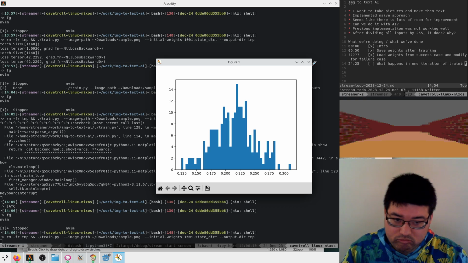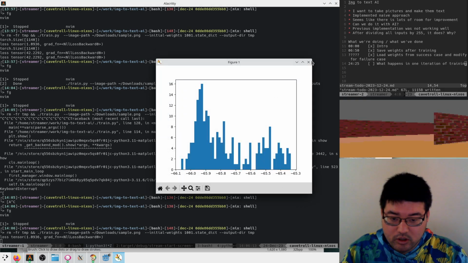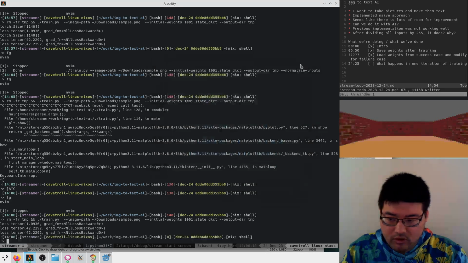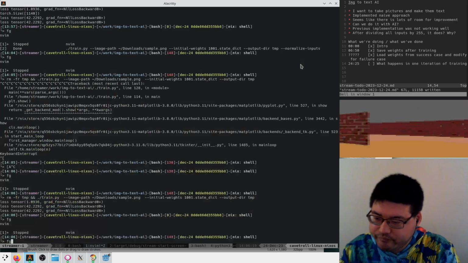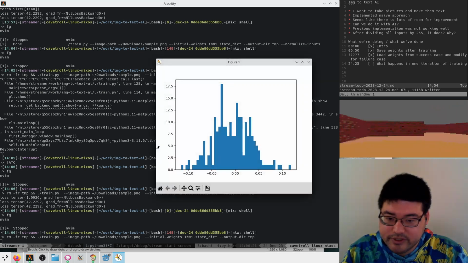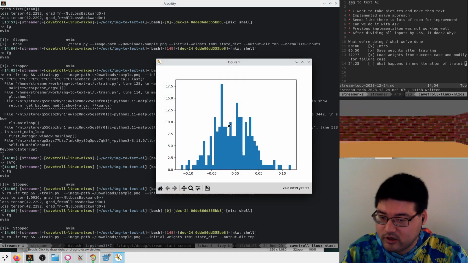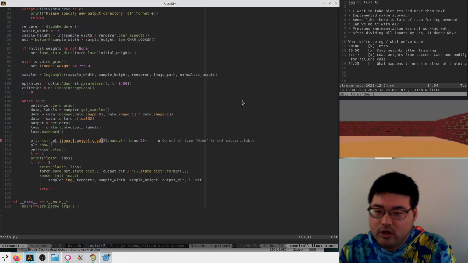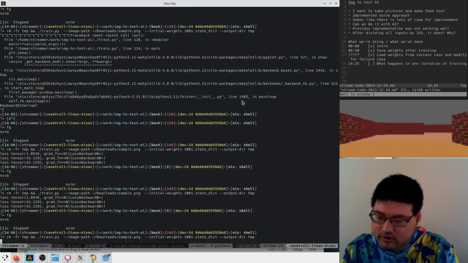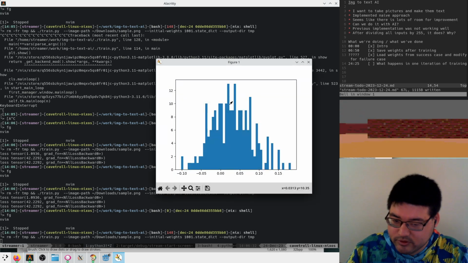Hand wavy. And what about the second brightest character? For the second brightest character, we see the same as for the dark character, not very many changes to be made. And what about the second least bright character?